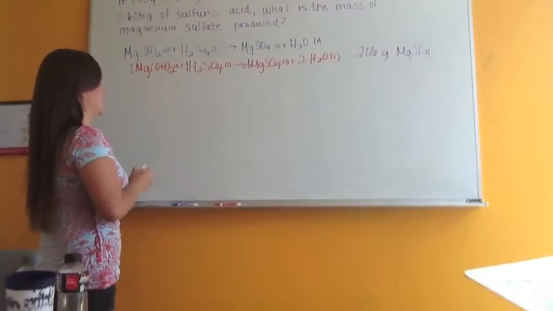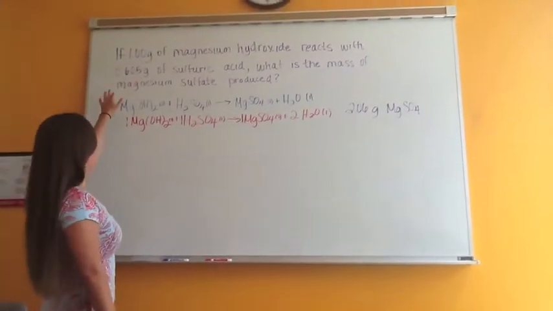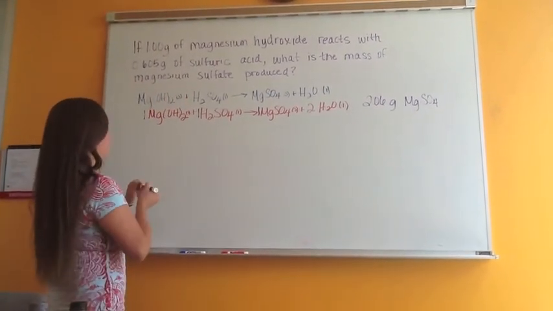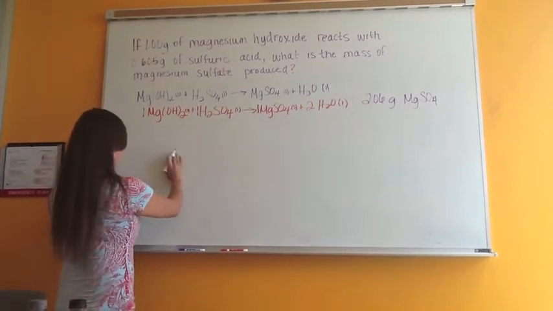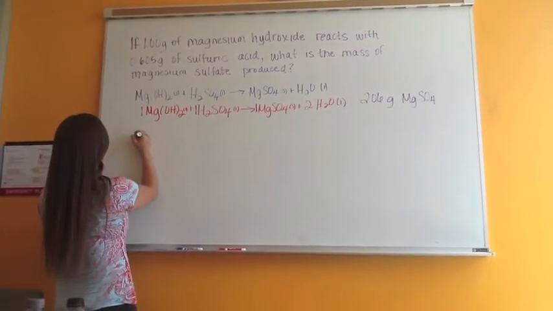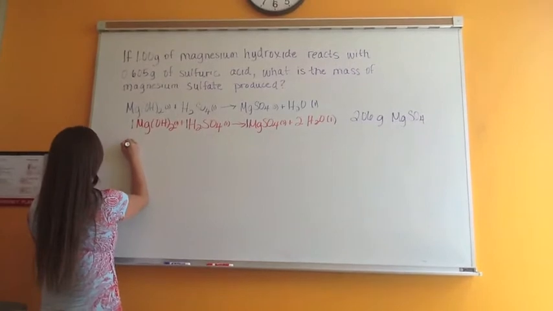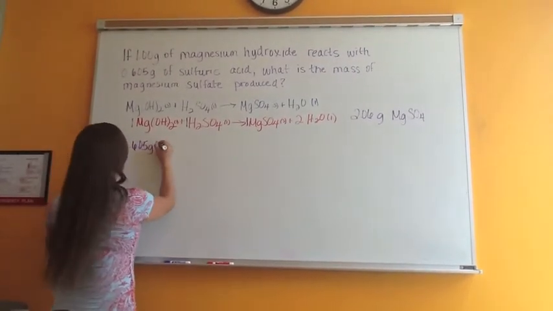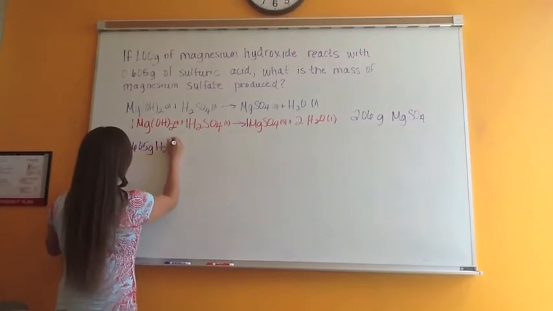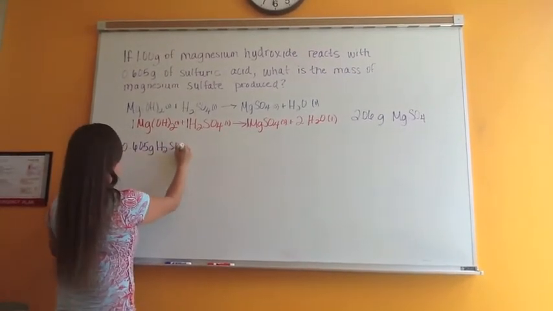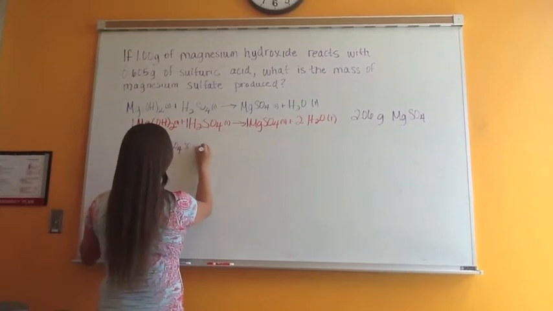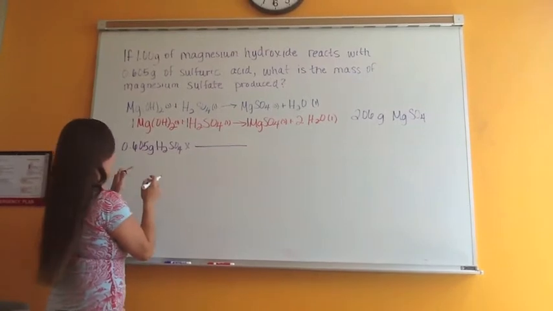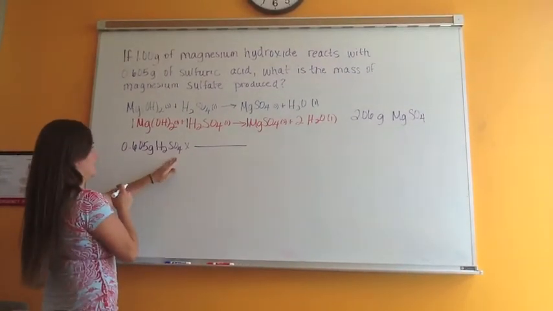Now we're going to do the second equation, which is to take 6.605 grams of sulfuric acid and find the mass of magnesium sulfate. Again, we go through the same steps of getting rid of the grams of sulfuric acid.